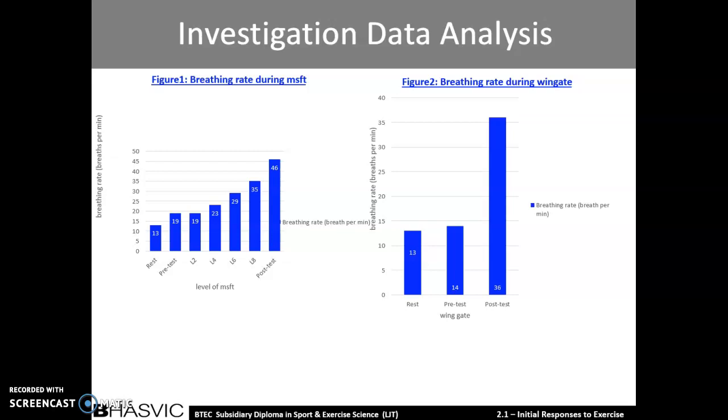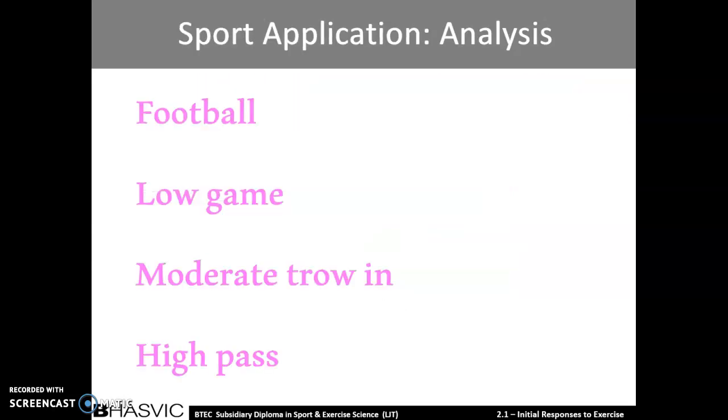For sporting applications, there are different ways in which the heart rate will change throughout a match. I have chosen football as my sporting analysis. Within a football match, your heart rate may be low if you're just running around the pitch, not doing anything, just running up and down maybe to defend a little bit.